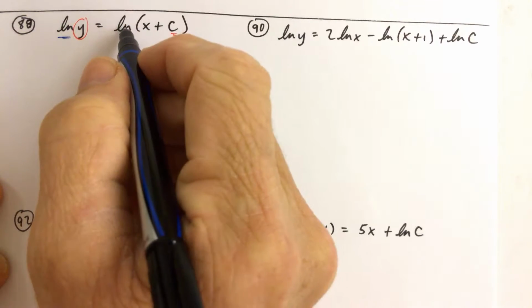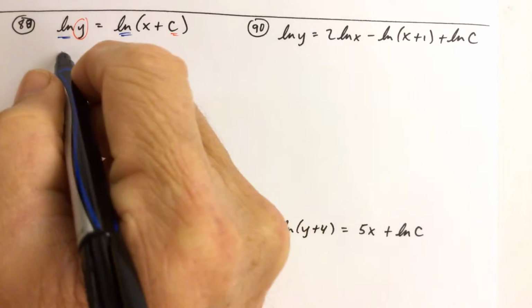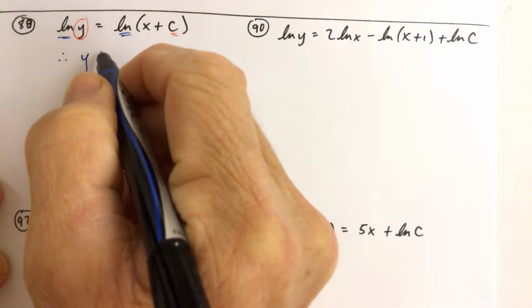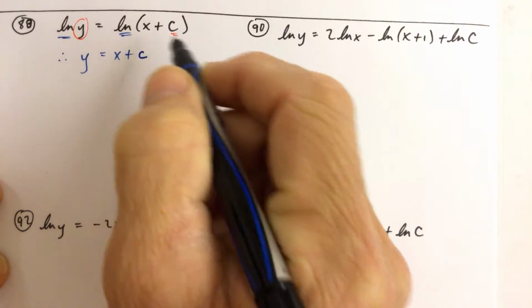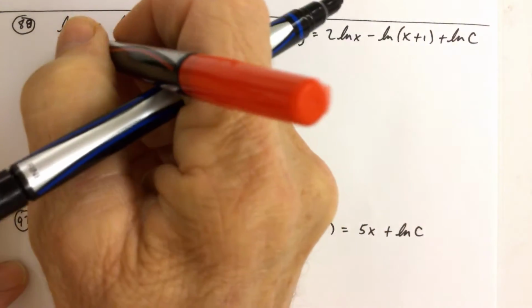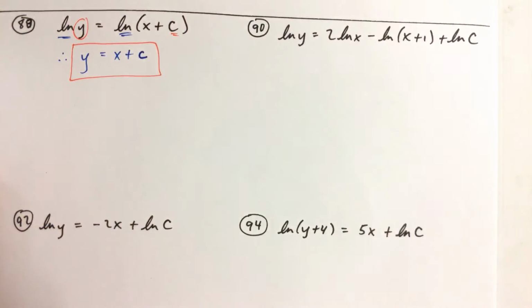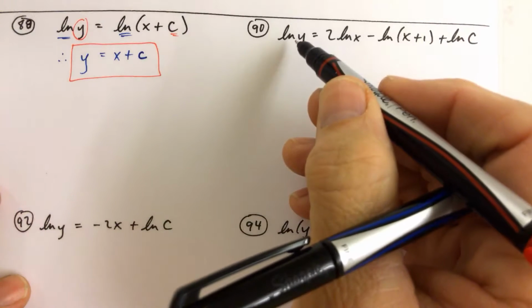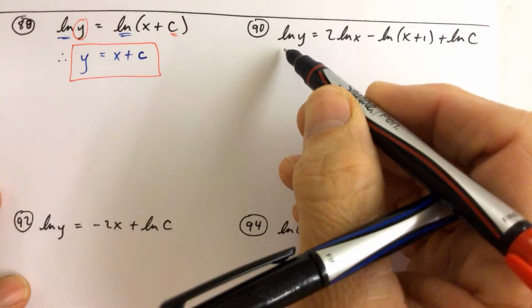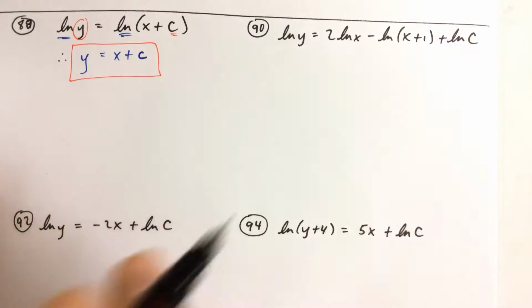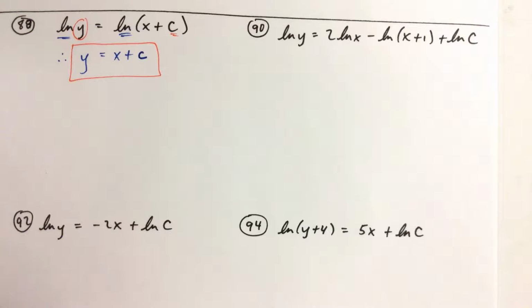Just like when we solved exponential equations, if the logs have the same base, the arguments have to have the same value. So if we can get one log with the same base on both sides, then we can just equate the arguments and we're done. Now, on number 90 and all the rest, we don't have just one log on one side and just one log on the other side. So that's our goal, to get just one log.